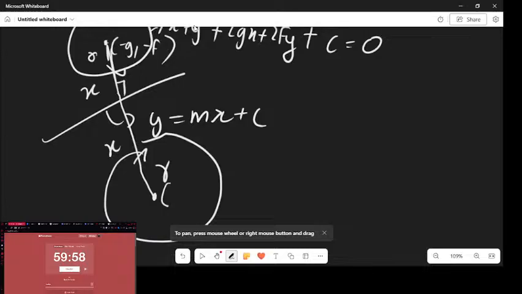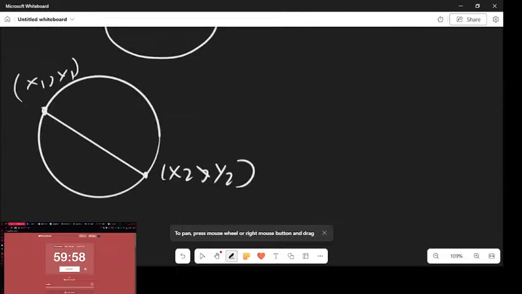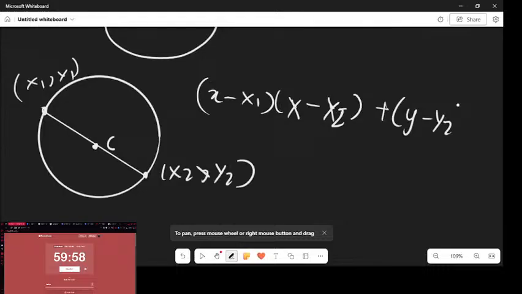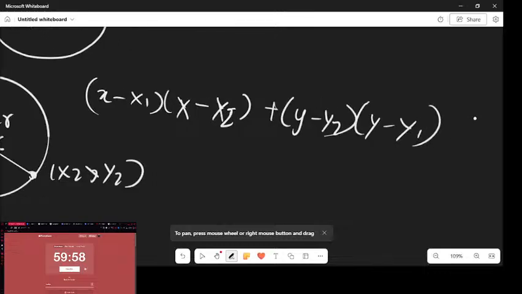Now, diametrical form of a circle. If this is a circle, and this is x1 comma y1 and this is x2 comma y2, with this being the diameter having a center C, the diametrical form will be (x minus x1)(x minus x2) plus (y minus y1)(y minus y2) is equal to 0.